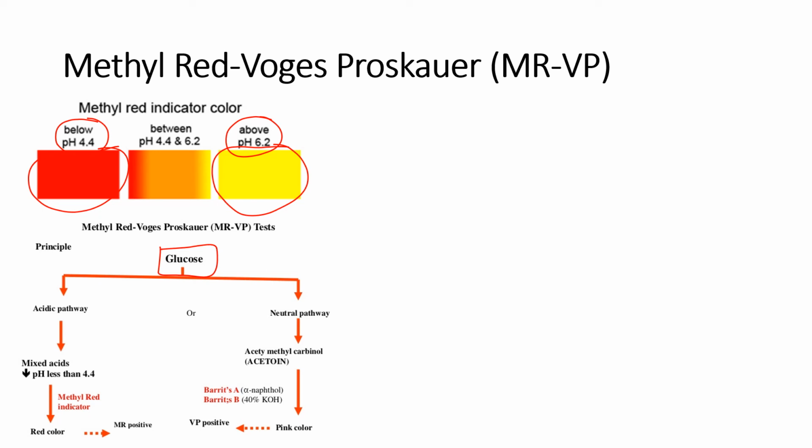Often when glucose is metabolized, it will produce acidic waste products. But some bacteria have the enzymes to convert those acidic waste products into neutral waste products. So this is a test to determine what type of waste products are produced when bacteria metabolize glucose. Are they acidic or are they neutral?